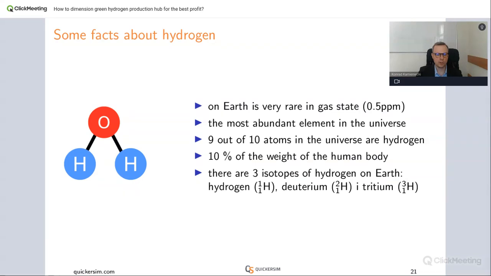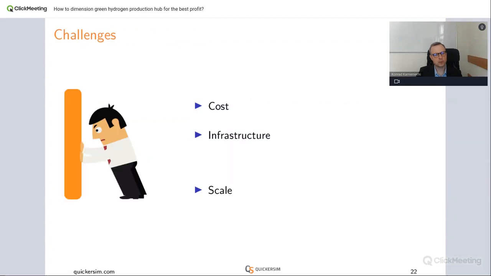And we also have 3 isotopes of hydrogen that may be interesting. We have hydrogen itself, which has 1 proton, 1 electron. We have deuterium, which has 1 proton, 1 electron, and 1 neutron. And we also have tritium, which has 2 neutrons, 1 proton, and 1 electron. So those are the interesting facts about hydrogen.